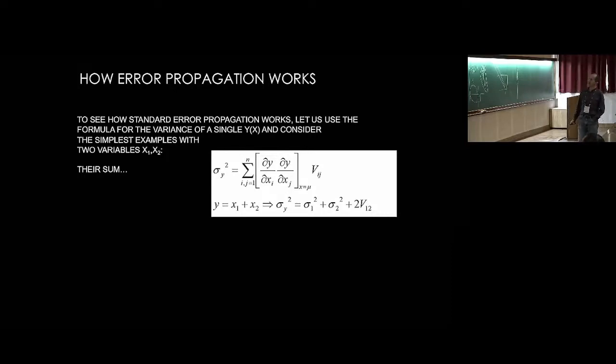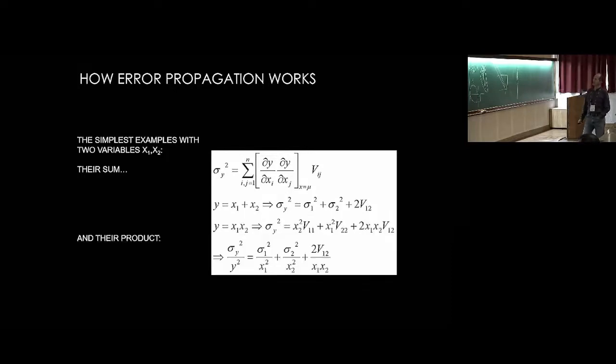And this is very nice, in particular, if you have no correlation, because then this term disappears, right? The off-diagonal terms disappear if x1 and x2 are not correlated. And then the variance of y will be the sum of the variances of the two addends. When you have a product, though, the sigma y squared will be a little bit more complicated because when you derive one value, you get the second one.